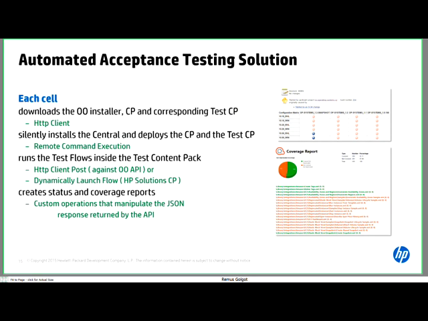The final part of execution for each cell, after the test flow runs, is that you will want some sort of report of the actual outcome of the execution of those tests. The hard way would be to go inside the automation Central machine where the test flow ran, and see all the outcomes for all the tests.